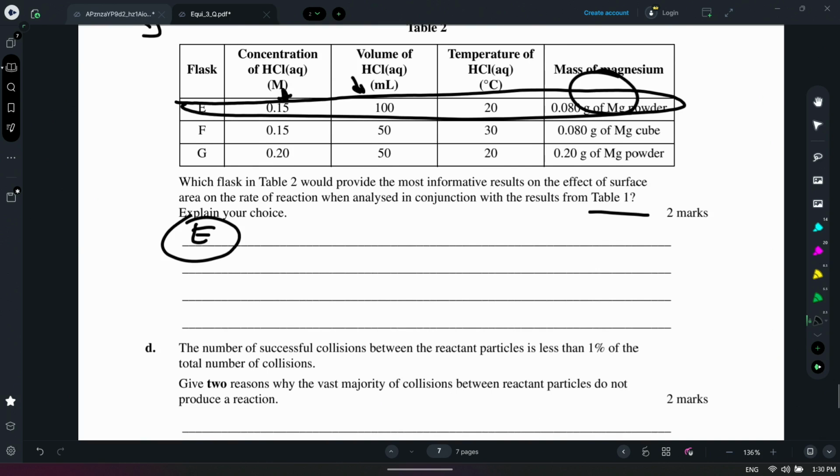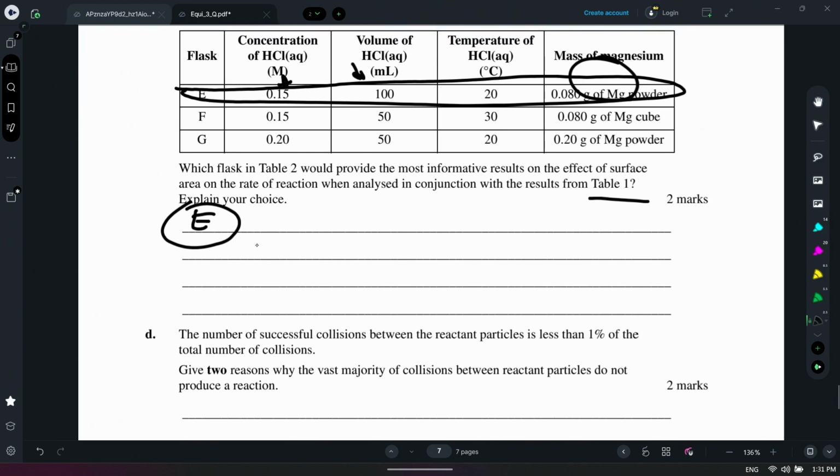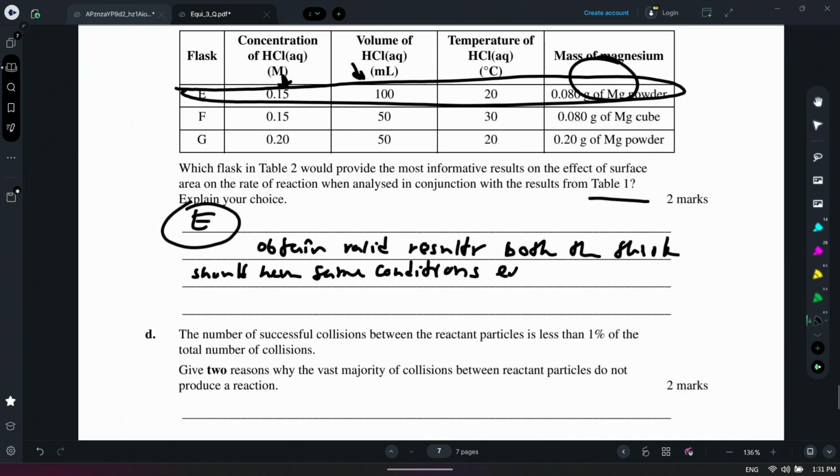Then after that, you have to say, in order to obtain valid results, both the flasks should have the same conditions except the surface area of the magnesium.